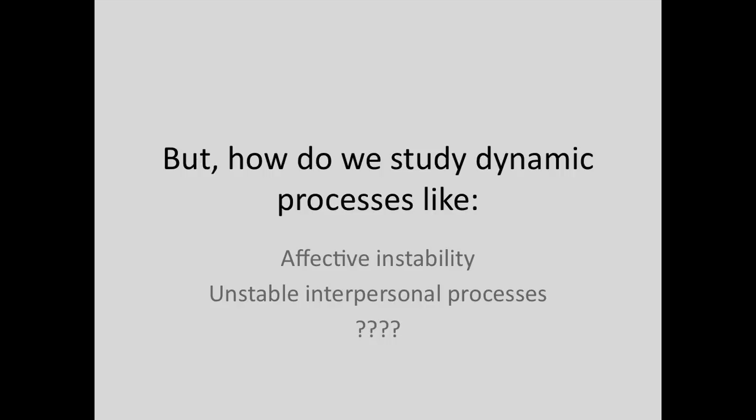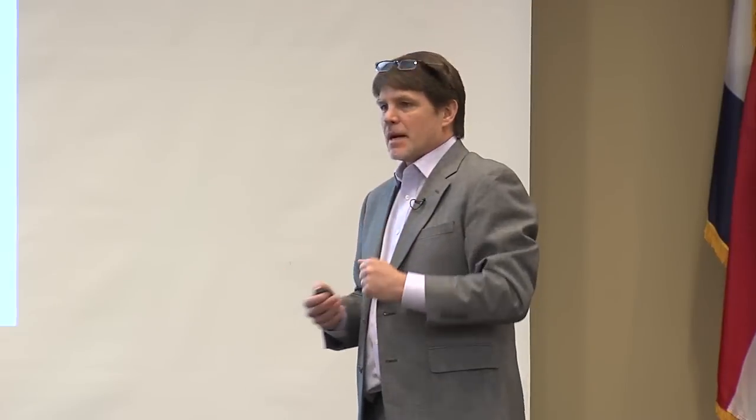Likewise, when you think about an unstable interpersonal process, how do you assess that? Again, typically it's a more global, retrospective assessment, and I would argue that might be good as a screener, but ultimately that's not going to tell you the whole story. It's not going to be as accurate.